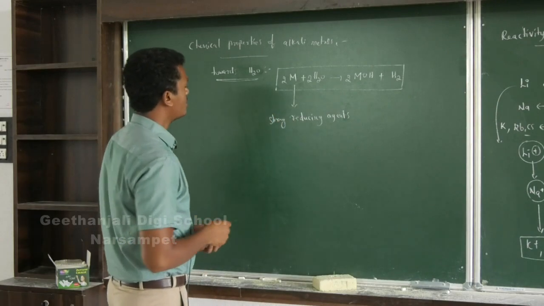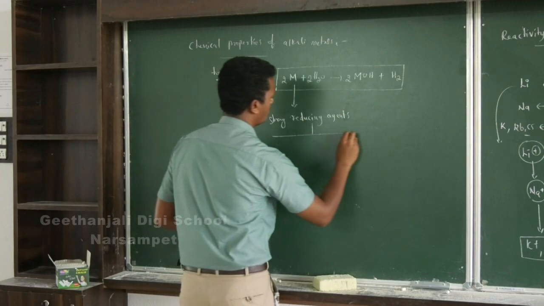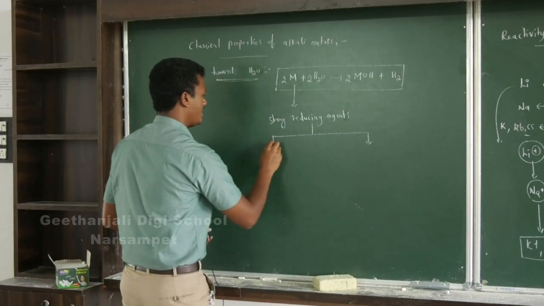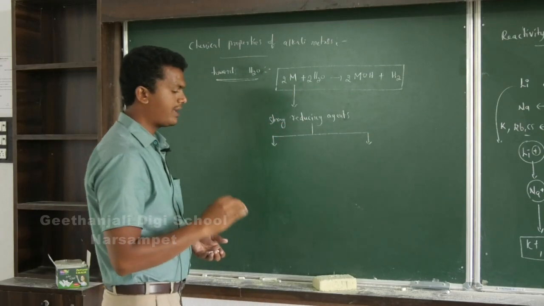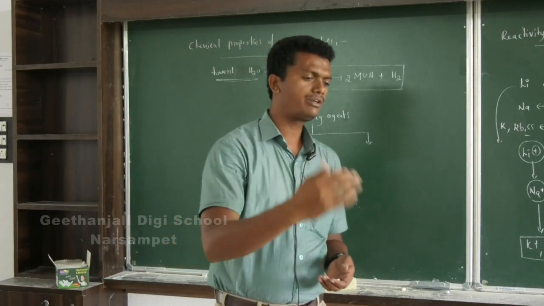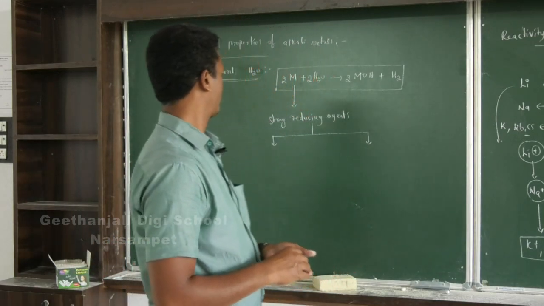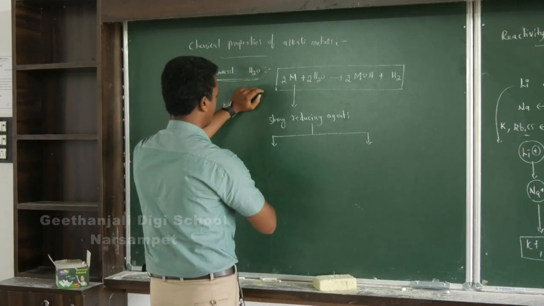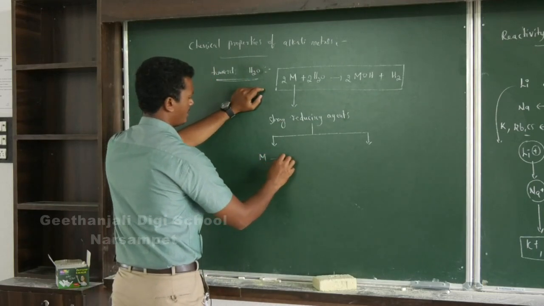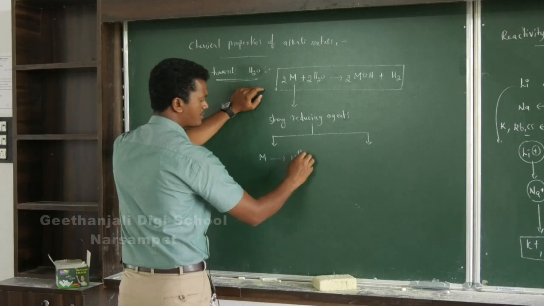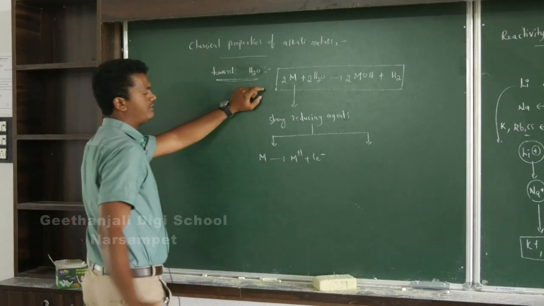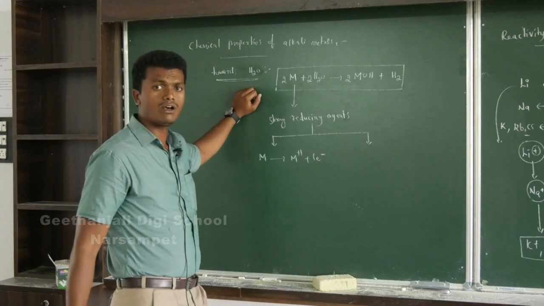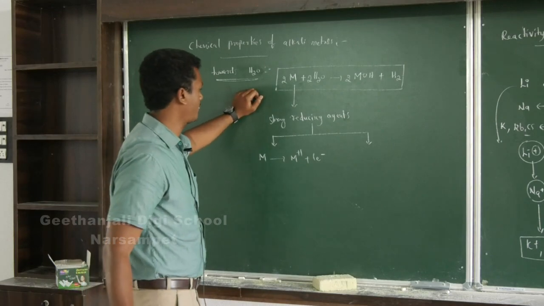The reducing nature of alkali metals depends on the capacity of alkali metals to take part in oxidation. Oxidation can take place for alkali metals in two ways. One is M changing to M plus plus one electron. Loss of electrons or increase in oxidation state is called oxidation.